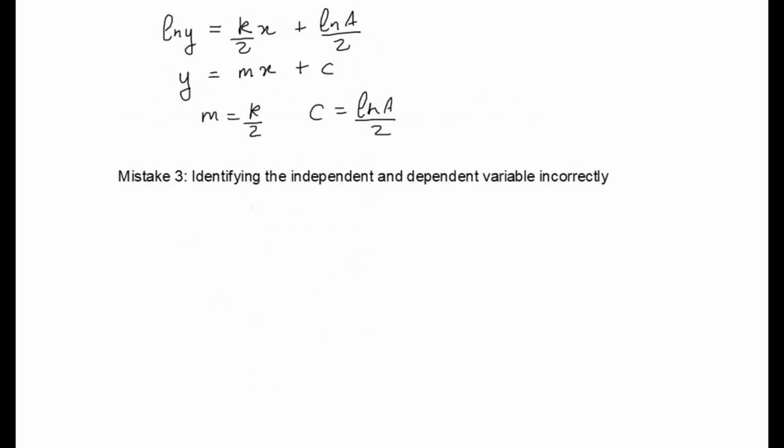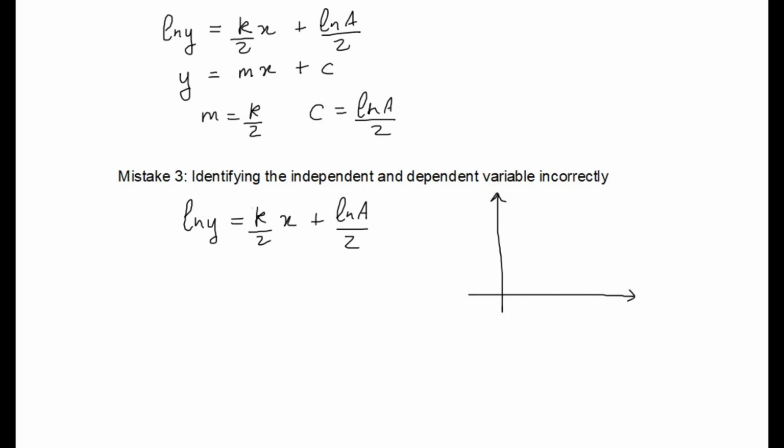Third mistake students make is identifying the independent and dependent variables incorrectly. So you'll notice in our equation there is no y, there is a log y. So log y is equal to k by 2 x plus log a by 2. Now on your graph, since this is a straight line, I'm drawing the axes.